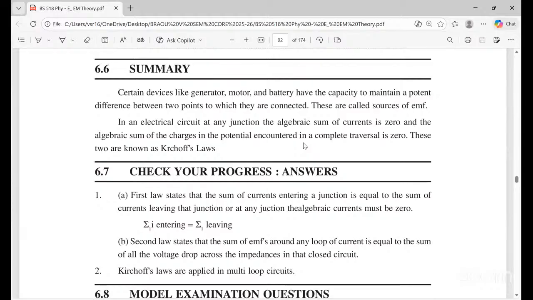Okay. So what is Kirchhoff's first law? The sum of the currents entering a junction is equal to the sum of the currents leaving the junction, or else at any junction, the algebraic sum of currents must be equal to 0.